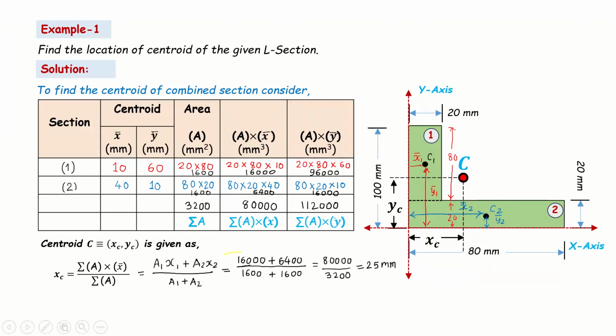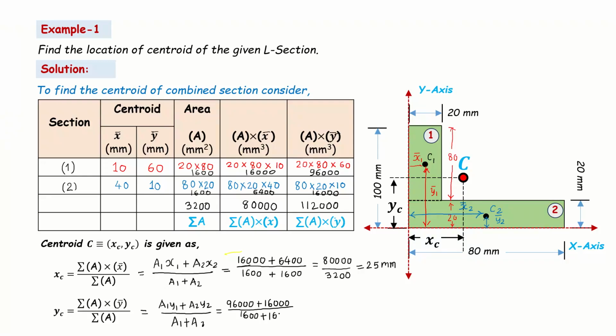And similarly, we'll go for the y coordinate of the centroid. This is going to be a1 y1 plus a2 y2 divided by a1 plus a2. If you put in the corresponding values, we have a1 y1 as 96,000 and a2 y2 as 16,000. So this is 96,000 plus 16,000 divided by a1 plus a2, again 1600 plus 1600.